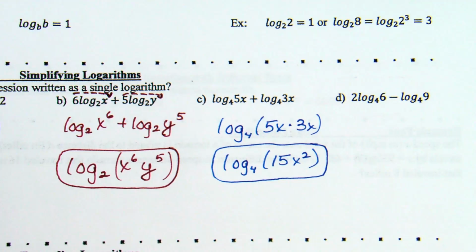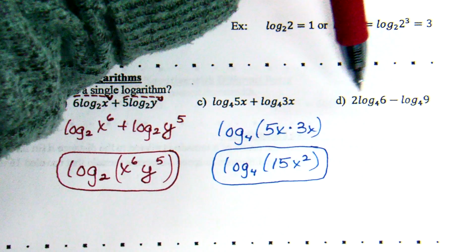2 log base 4 of 6 minus log base 4 of 9. So we have a starting step. Power property. I can't put two logs together as long as there's a number out front of either of them.